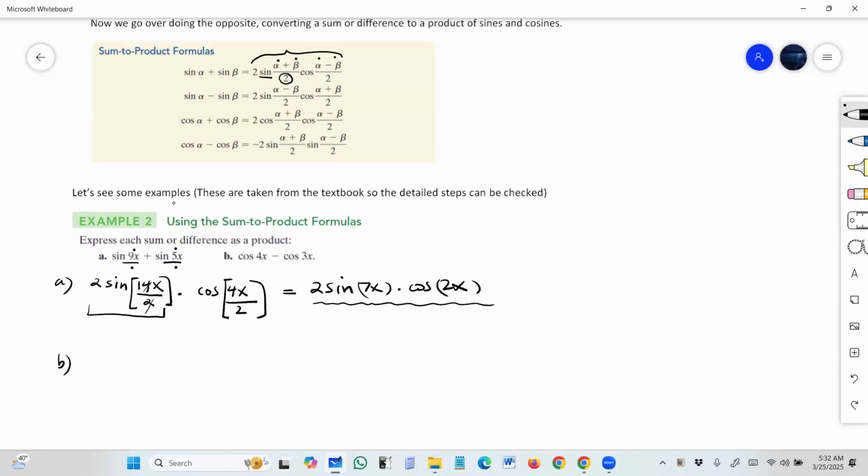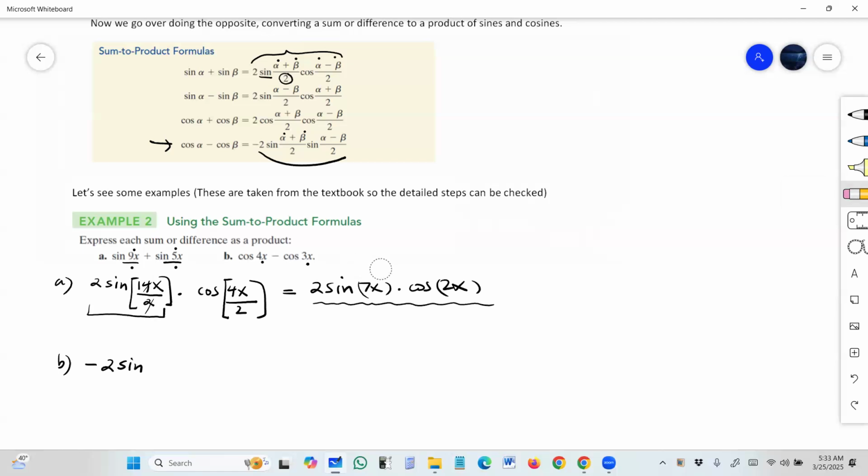B. Cosine 4x minus cosine 3x. Obviously I choose the correct one, which is the last one, the difference of two cosines, where 4x is my alpha and 3x is my beta. I'm going to apply this formula. So minus 2 sine of alpha plus beta over 2. Oh, no, not here.